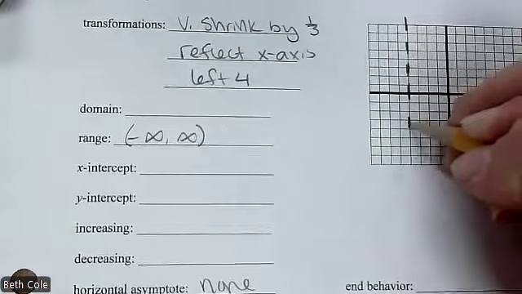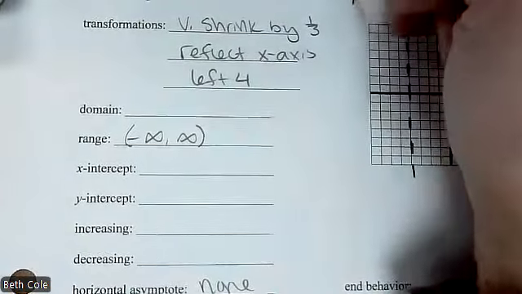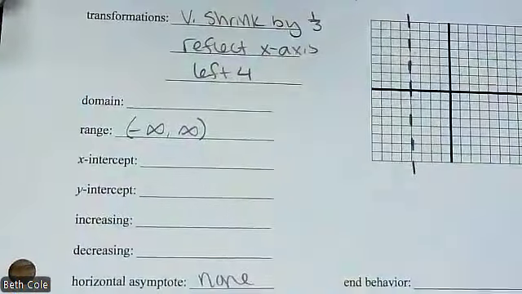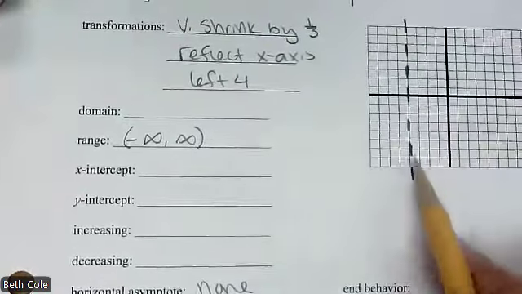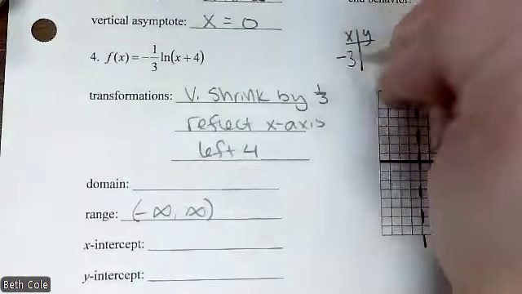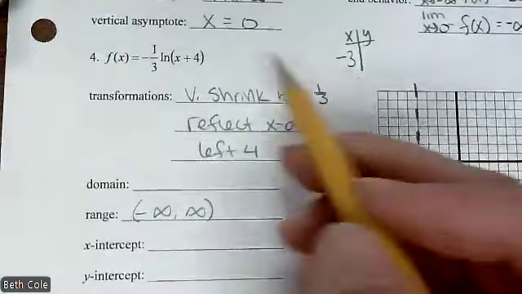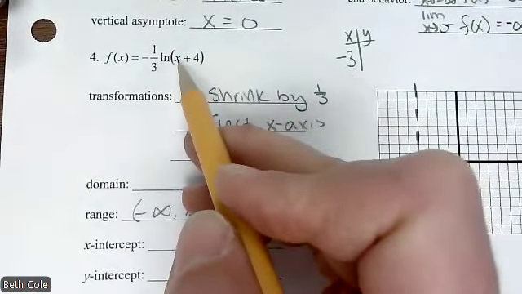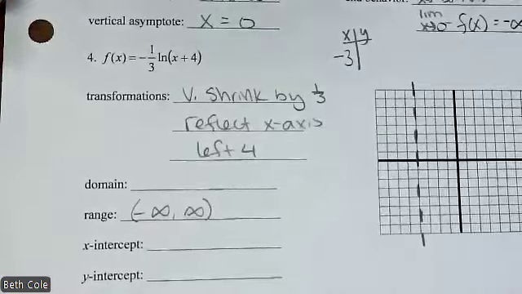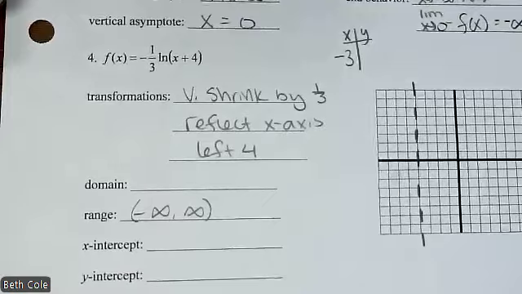So when I go to make my table, and we're only going to get 1 point here, you want to pick a number next to -4. This is where the asymptote is. So like, let's try -3. I think that's what's going to work. If you put in -3, you get ln of 1, which is 0, because e to the 0 power is 1. Or if you just want to memorize ln of 1 is 0.